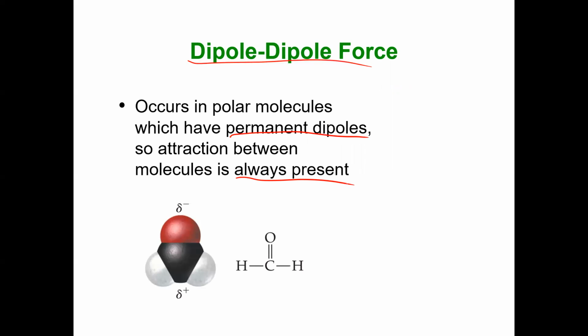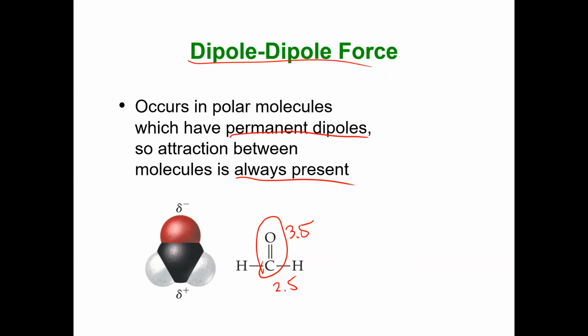So let's look at formaldehyde. We know that this carbonyl in this aldehyde, methanal or formaldehyde, is polar. Why? Oxygen is very electronegative, in fact, the value is like 3.5, and carbon's electronegativity is 2.5. So that's a difference in electronegativity of 1, which is a big difference.